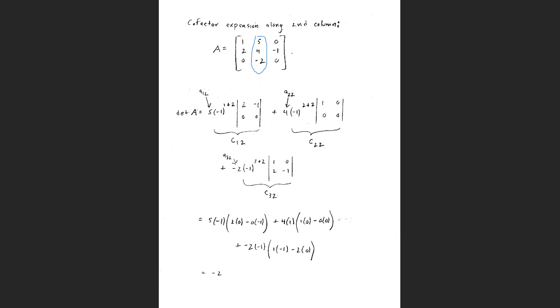So for the 5, the first part of the determinant, I'm going to block out the second row. The 5 is in the second column and in the first row. And so my corresponding submatrix will consist of 2, 0 and -1, 0. And that's what's right here.